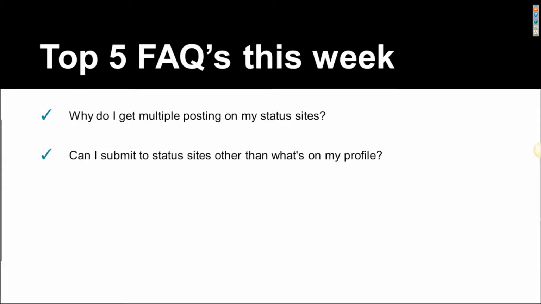Can I submit to status sites other than what's on my profile? Yeah, manually. The social power publisher will only submit to the sites that we have set up in the profile. We are always looking to add additional sites, but there's a lot of technology involved.